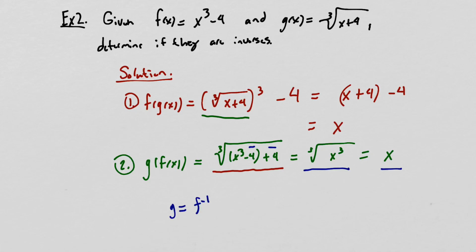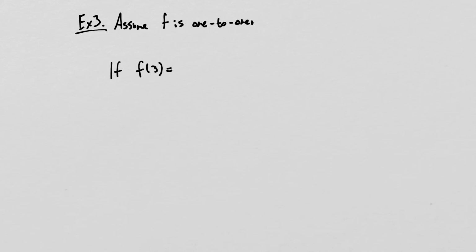Let's see one more computation involving the inverse before we move on to the next section. This is example 3. And first, let's go ahead and assume that the function we're working with, f, is going to be 1 to 1. If f evaluated at 3 is equal to 2, then find f inverse evaluated at 2.